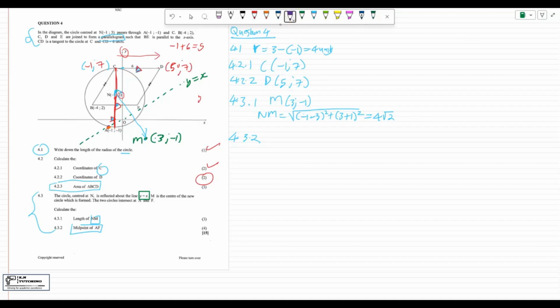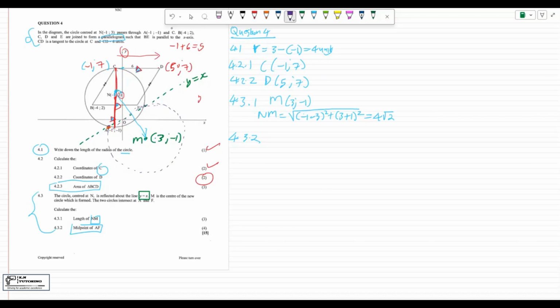Let's go back to drawing the circle. So the new circle, if we were to imagine it, it was likely going to be something like this. It's going to be something like this. The new circle.